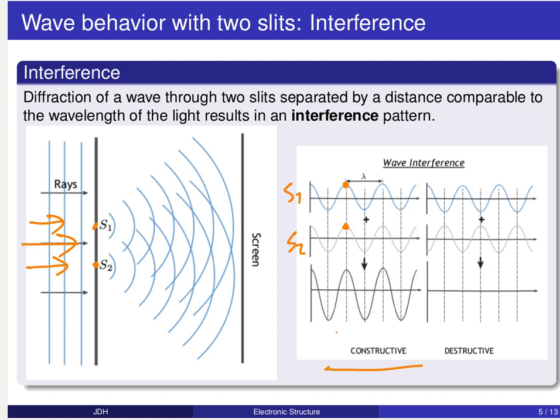This sort of interference is what we call constructive interference. So you're constructing an even larger wave. Now, the opposite of this is, of course, a situation where the low point of the first S1 wave is directly interacting with the high point of the S2 wave.